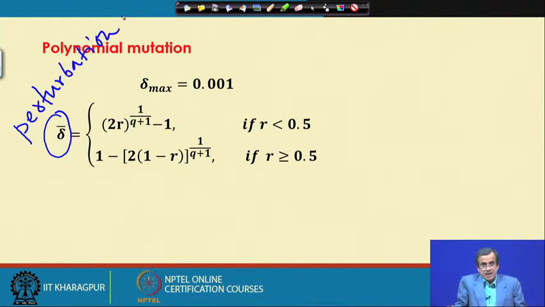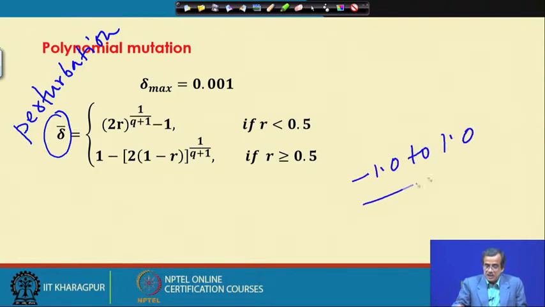So, I will have to find out the dissimilarity factor value, whose value will lie in the range of minus 1.0 to plus 1.0 in the normalized scale. This factor is going to tell us how much dissimilar the mutated solution will be in comparison with the original parent solution. I am going to discuss how to implement that.